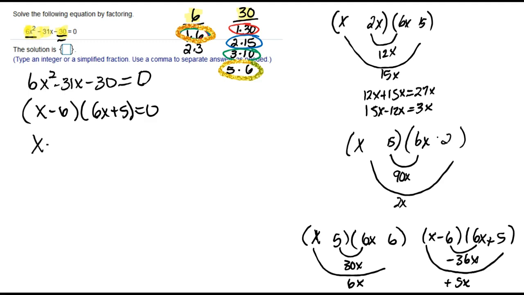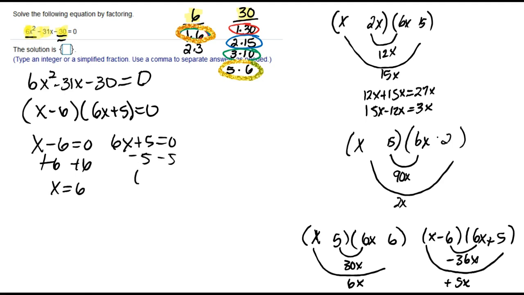Now we're going to set each factor equal to 0 and solve. Add 6 and get x equals 6. Subtract 5, 6x equals negative 5. Divide by 6. We have x equals negative 5/6. Those are our two solutions.